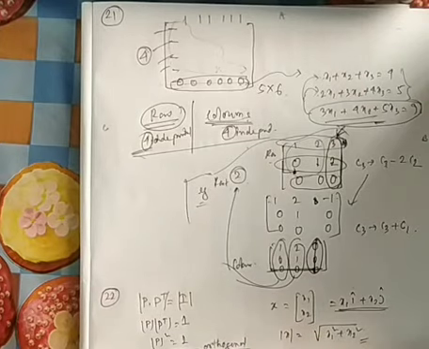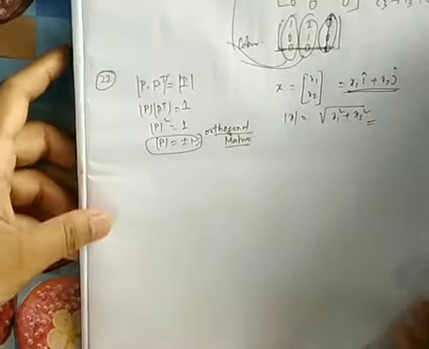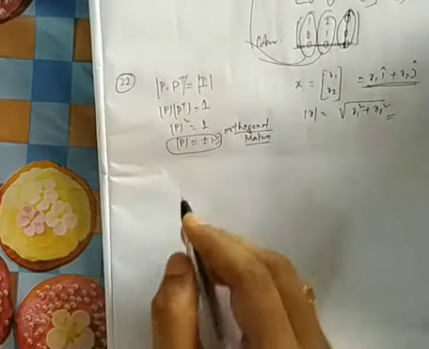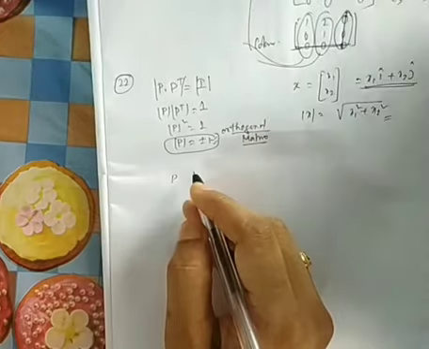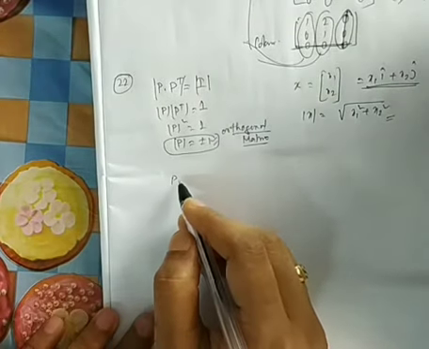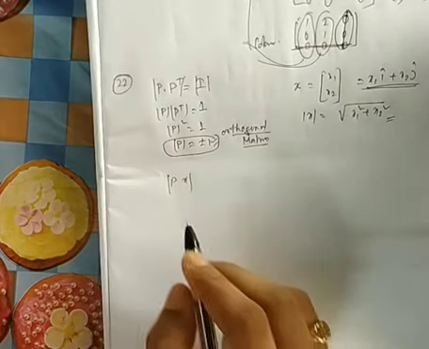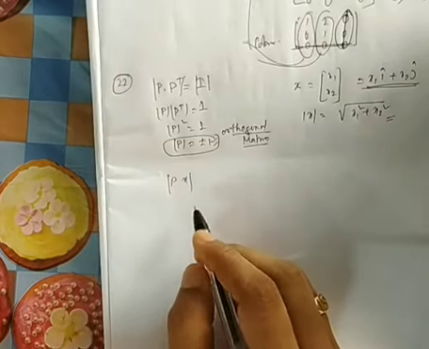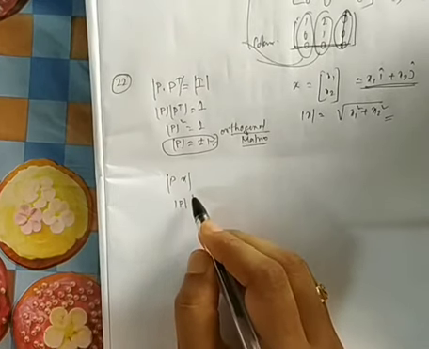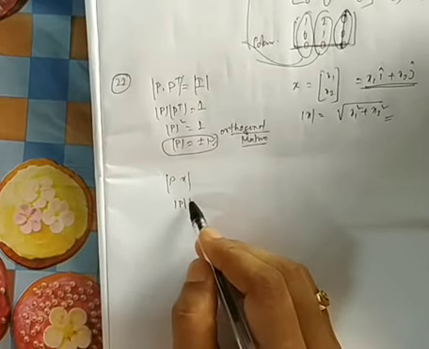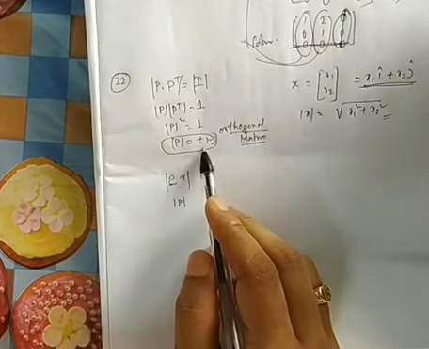Now if you look at the statements, every statement is talking about Px, or better, the length of Px, or mod of Px. So if you multiply P with X, then you can think of Px as determinant of P times X, because your determinant is already plus 1 or minus 1.